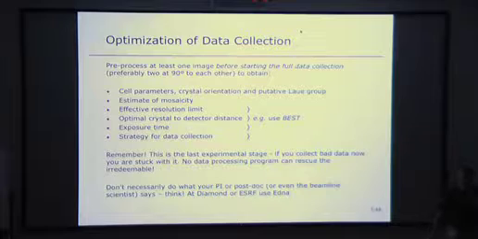Phil went through this the other day, and it's really important to stress it through the whole thing. When you're collecting your data, don't just go blindly into it. Have a look at the images as you get them. If you can, pre-process some of the data before you start so you get an idea of what the crystal parameters are, the a, b, c, alpha, beta, gamma, what the crystal orientation is, and perhaps the Laue group.